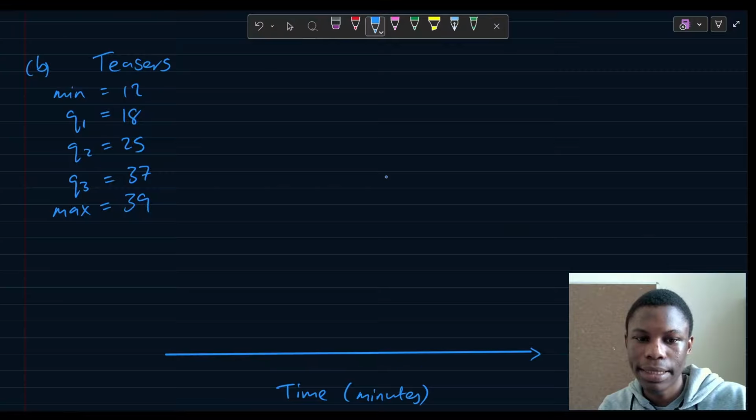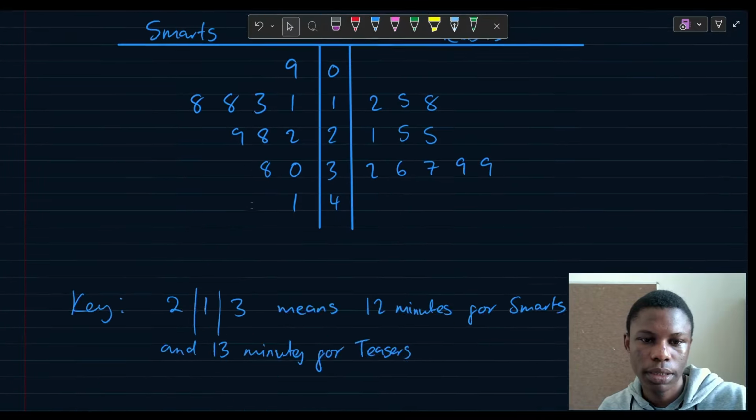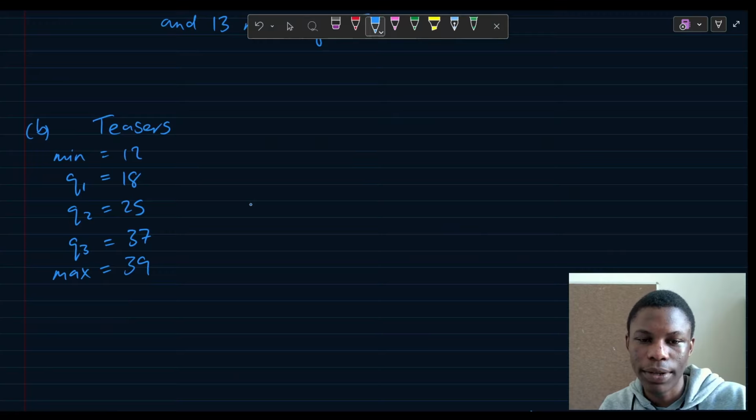And now we need these same 5 values for our other team, Smarts. We need a minimum value, Q1, Q2, Q3, and a maximum value.